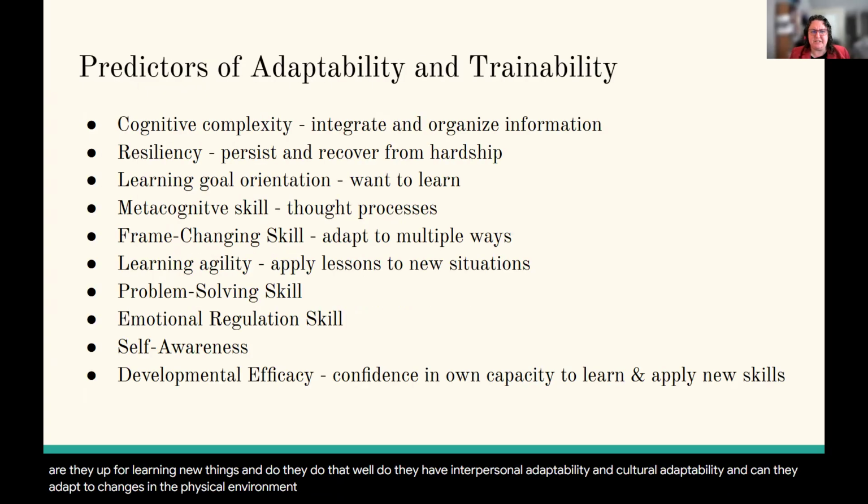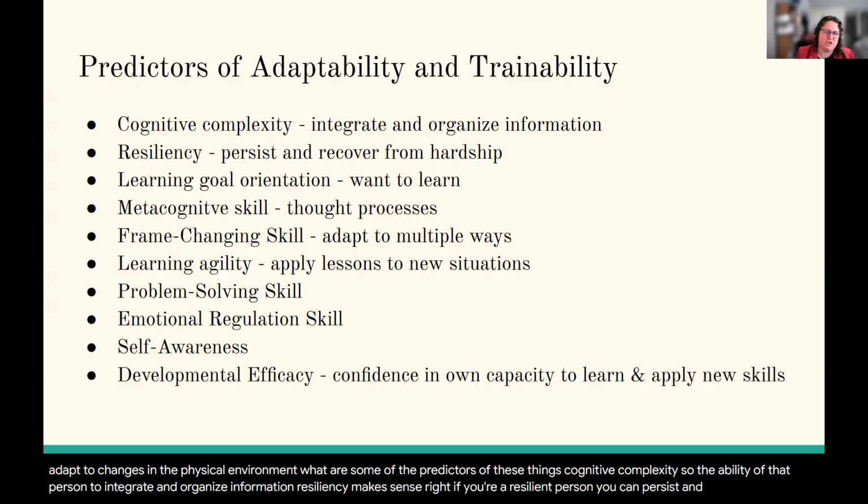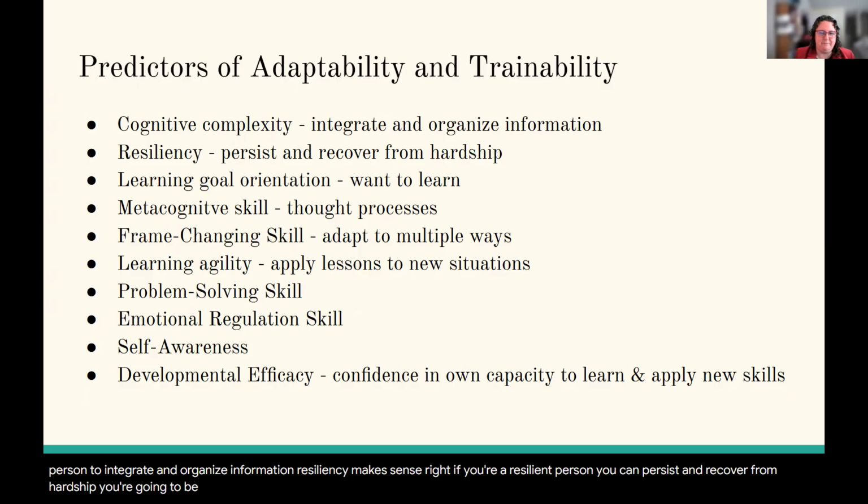What are some of the predictors of these things? Cognitive complexity, so the ability of that person to integrate and organize information. Resiliency makes sense, right? If you're a resilient person, you can persist and recover from hardship. You're going to be adaptable. Learning goal orientation, people who want to learn are going to be really trainable, right? They get joy out of it. Metacognitive skills, those thought processes.